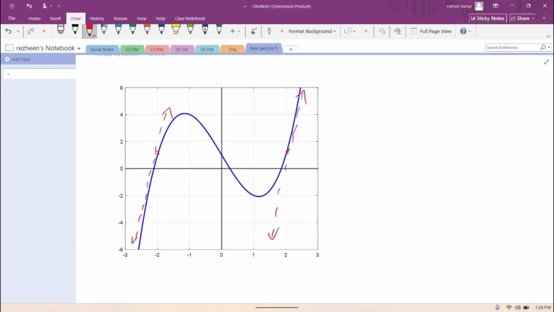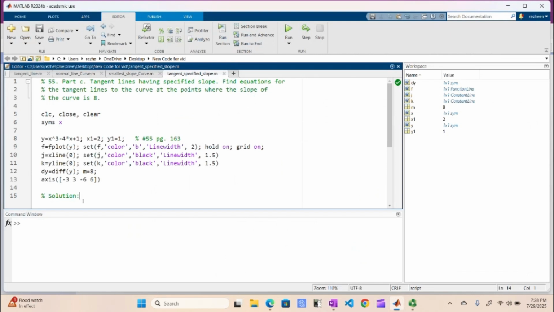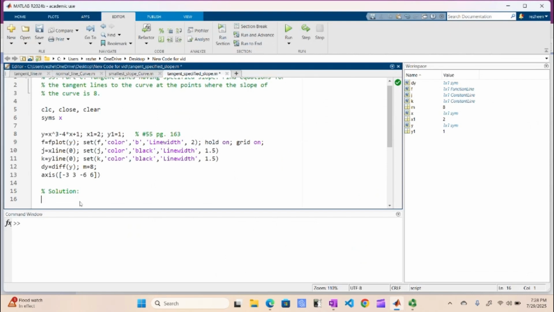So let's go back into MATLAB and find what that is. Let's go into our solution section, and I'm going to invent an equation and set it equal to m. So I'm going to say equation 1, eq1, equals dy equals m.